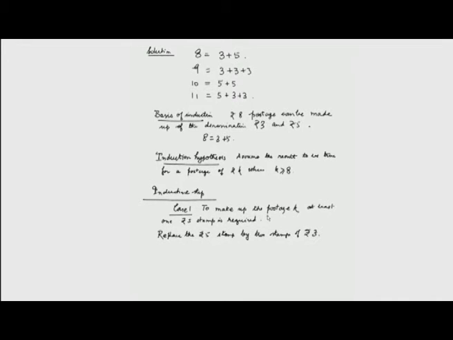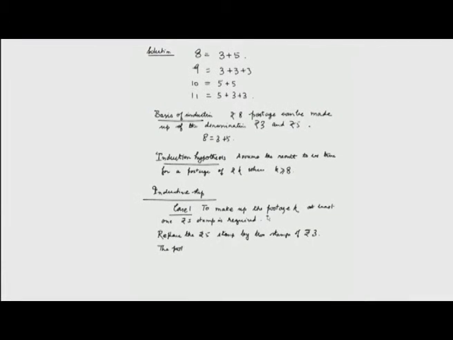If we do that, then we see that 5 gets replaced by 6 and therefore, the total postage will be k plus 1.